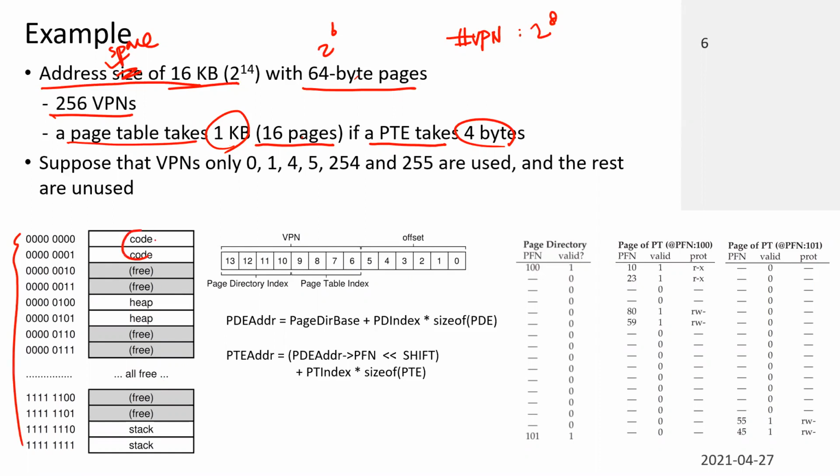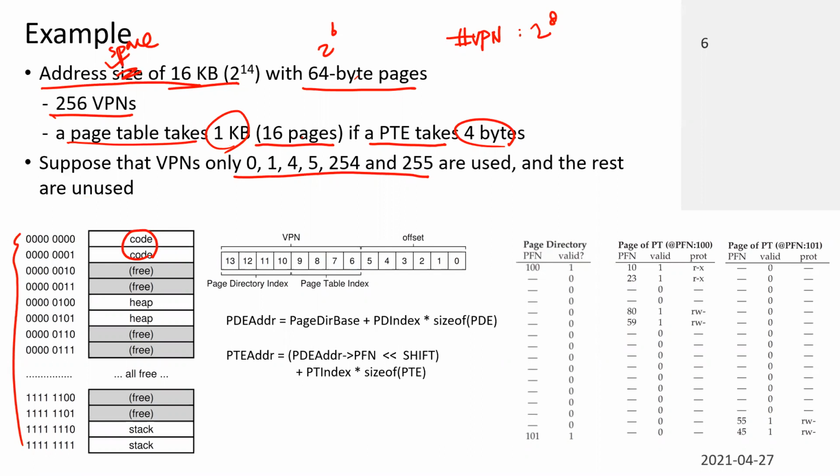And here, what we can assume is that among these 256 VPNs, only 6 of them are in actual use, and the remaining 250 are not in use. This is a realistic situation, by the way. It can actually happen. Which means that only 3% of the page table is actually used, but the remaining 97% is not in use at all.